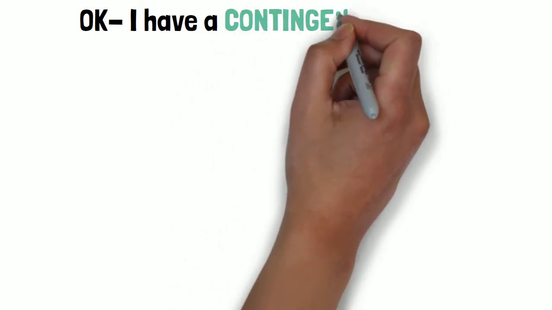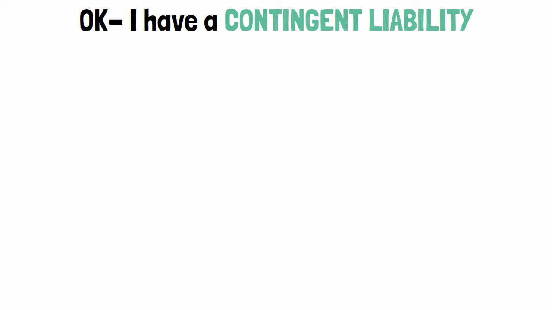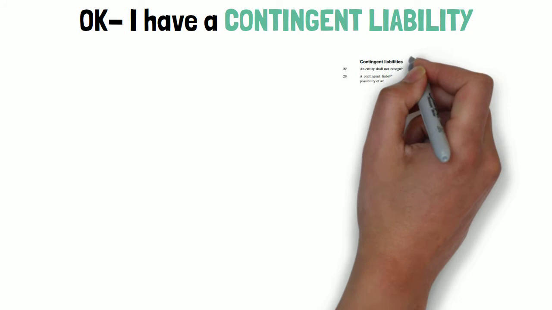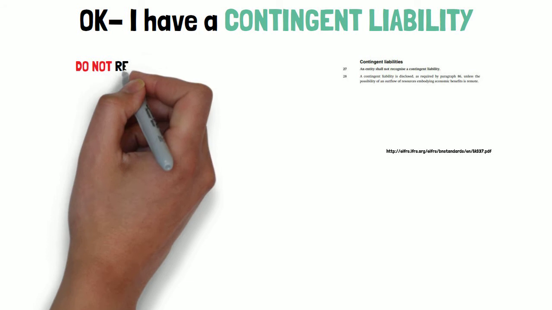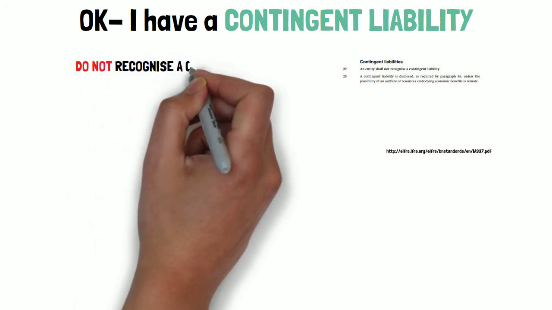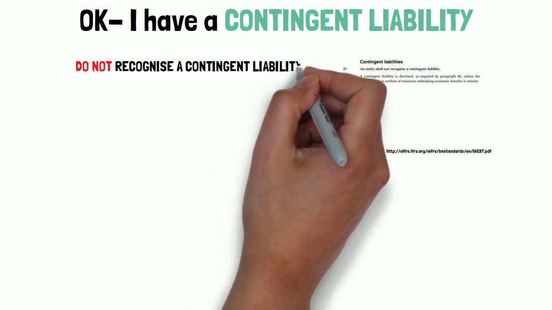Okay, so you've done all of those tests and you think you have a contingent liability. What does this mean? Well, I've got an extract from ifrs.org of IAS 37, paragraph 27, which identifies what we do with contingent liabilities. So the first sentence is very key, very strong.